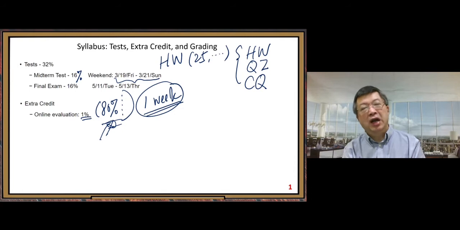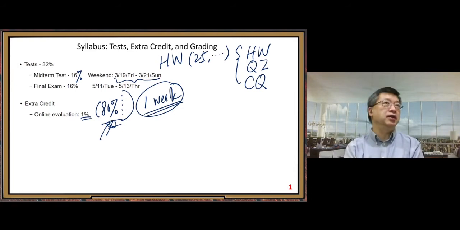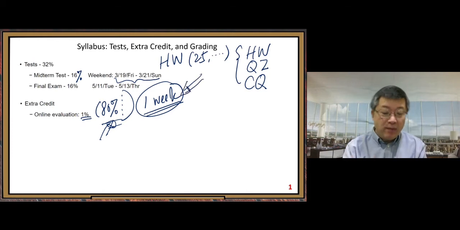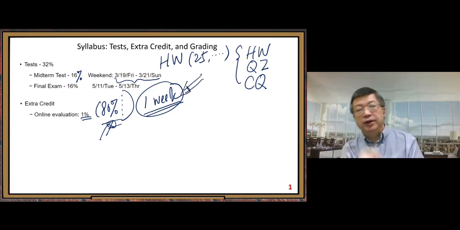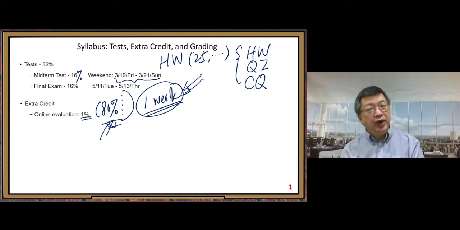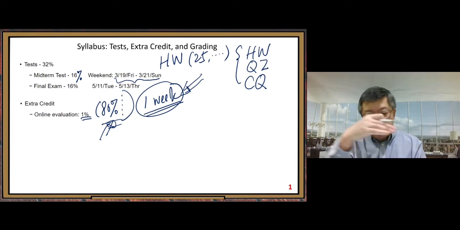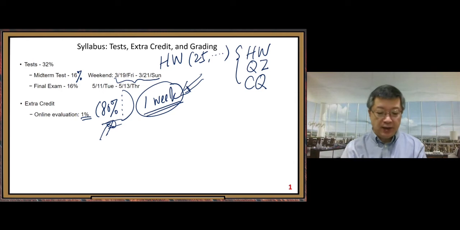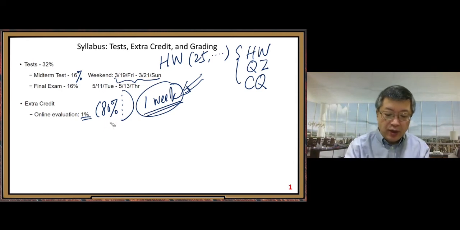Otherwise, the whole class cannot get this 1%. So I will remind you in that one week period, and by the end of the week I think it's not a problem. We can easily pass the 80% line.